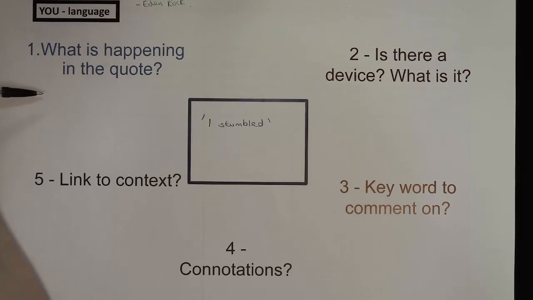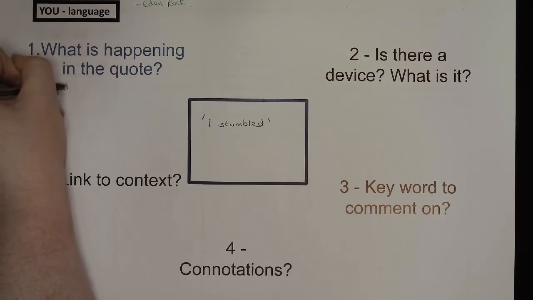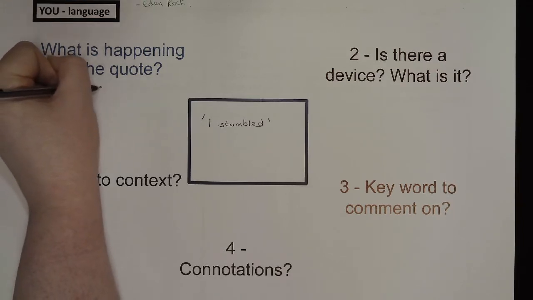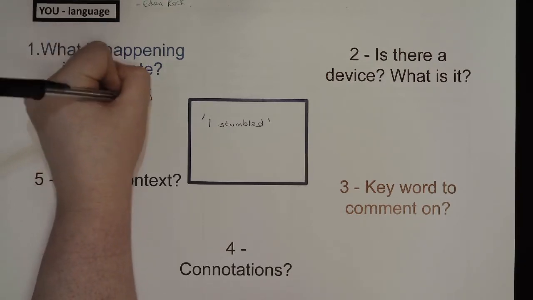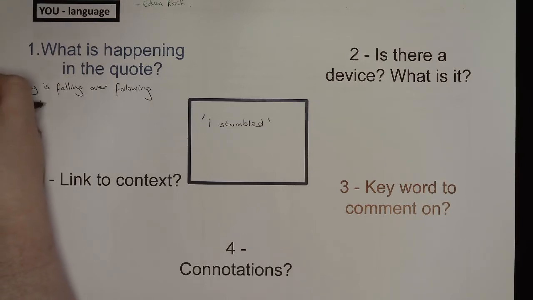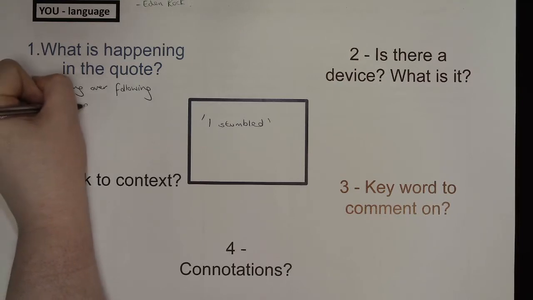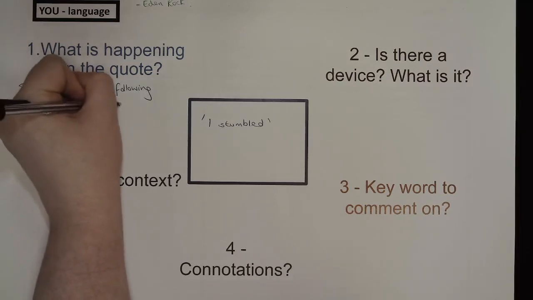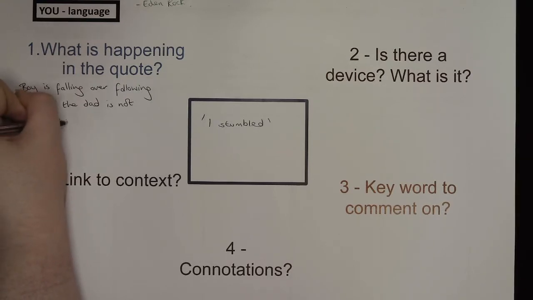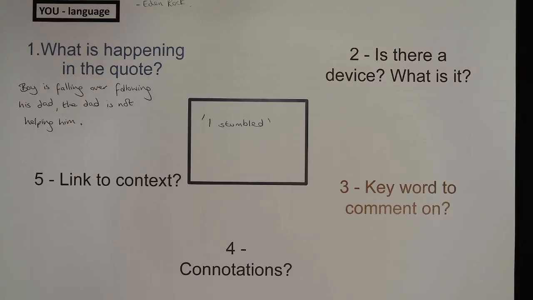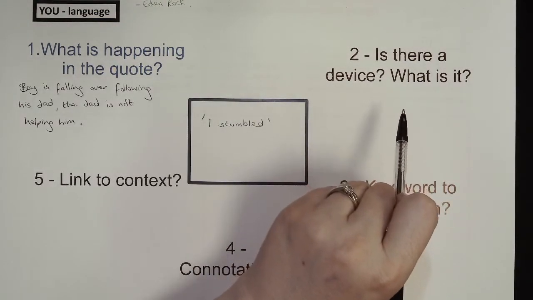Okay. What is happening when the quote is said? Well, the boy is falling over, following his dad. The dad is not helping him. So the second question is what device?